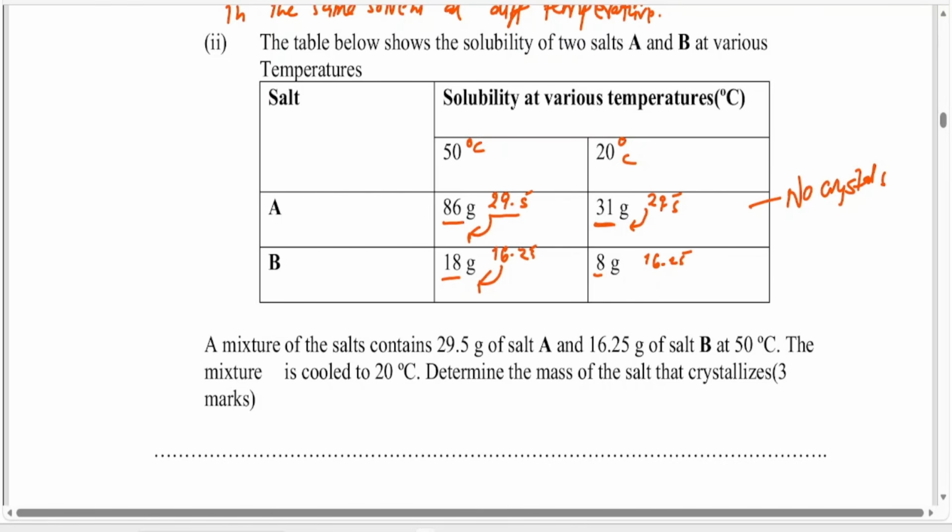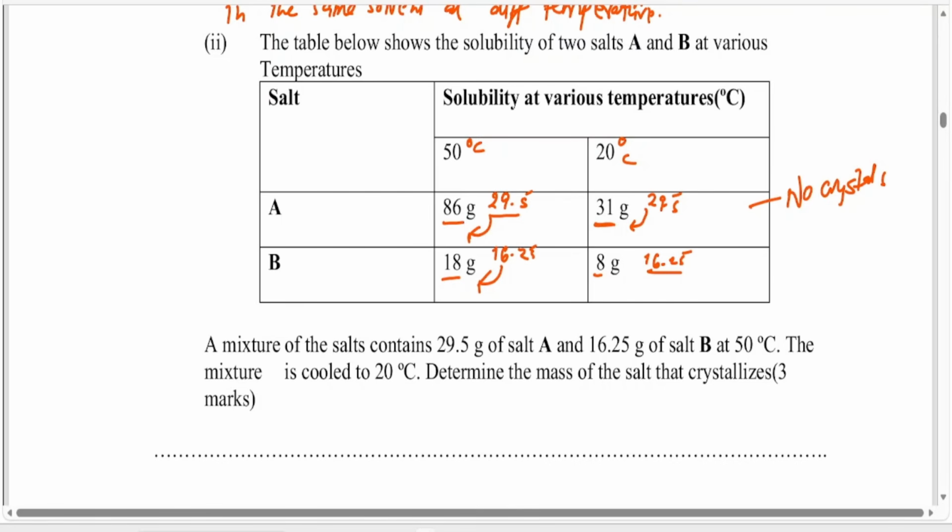Then I have 16.25 on the other hand, and the solubility at 20 is 8. This solution can only accommodate 8 grams. So if it can accommodate 8 grams, and I have 16.25, the rest will be in crystal form.